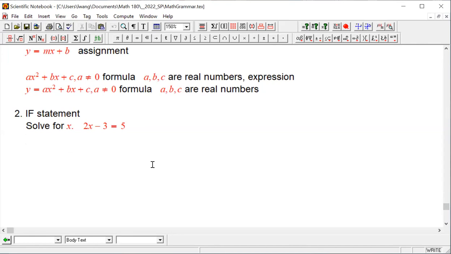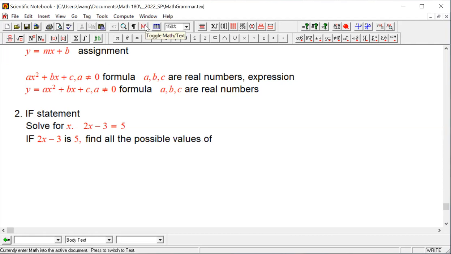It says: if 2 times a number minus 3 is 5, find all the possible values for x. That's what it means. So "solve for" really is an if statement.